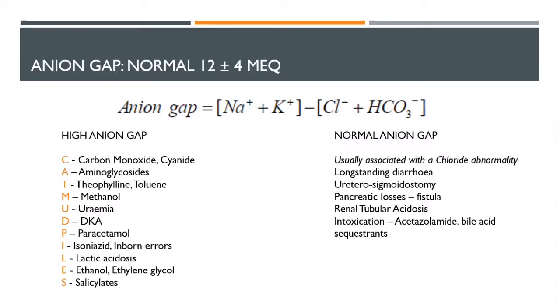A normal anion gap metabolic acidosis is usually associated with an abnormality in your chloride concentration. So that's things like long-standing diarrhea where you're losing chloride, a uterosigmoidostomy, which is a Bricker's, any pancreatic losses, things like renal tubular acidosis, and intoxications with some medications can give you a normal anion gap metabolic acidosis.